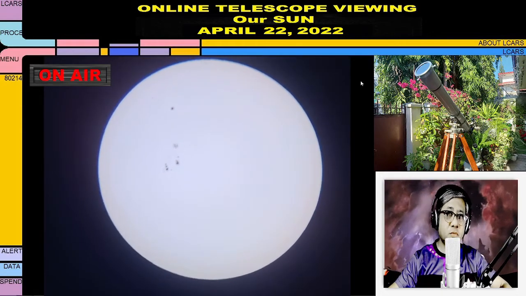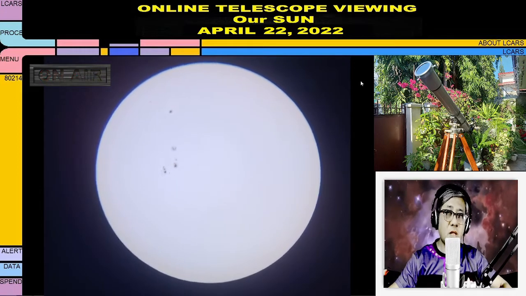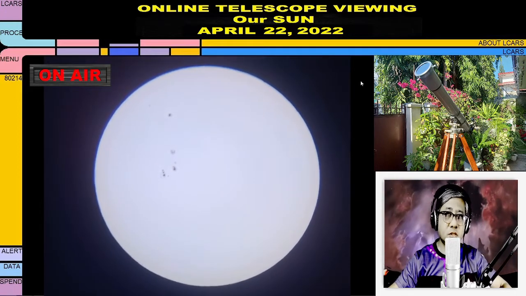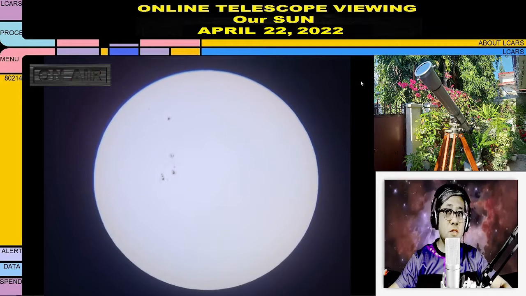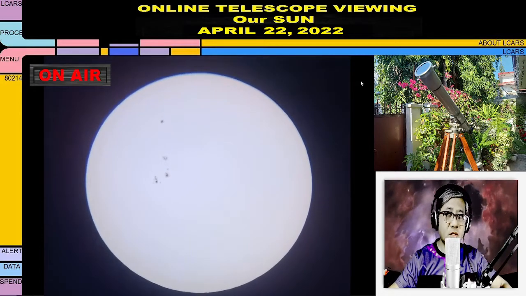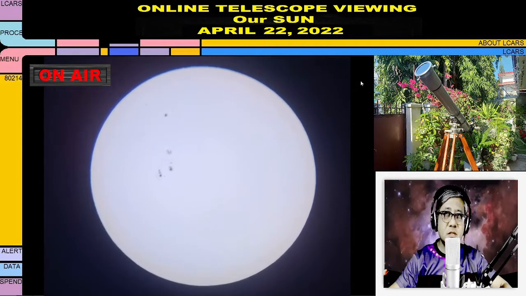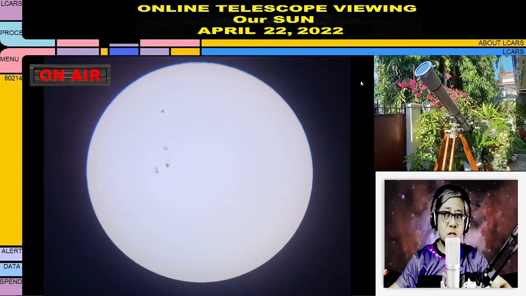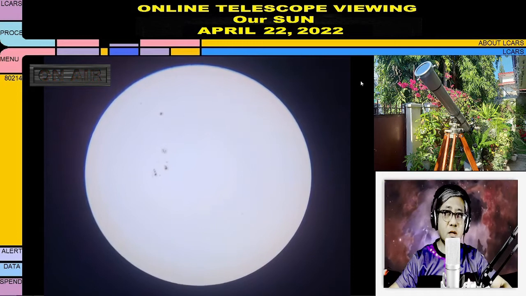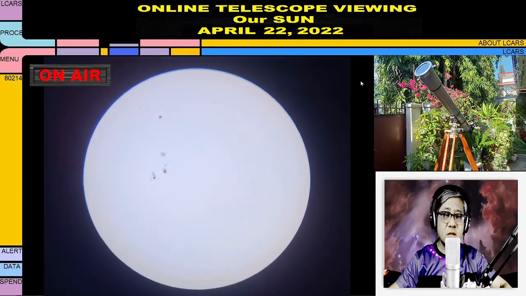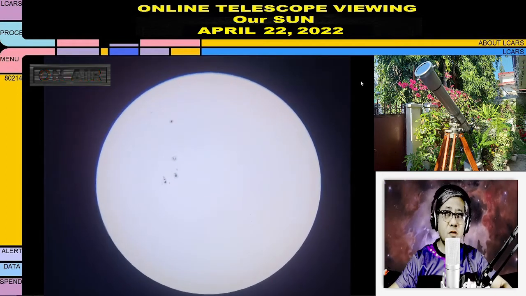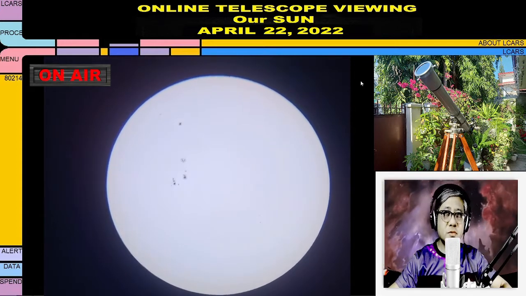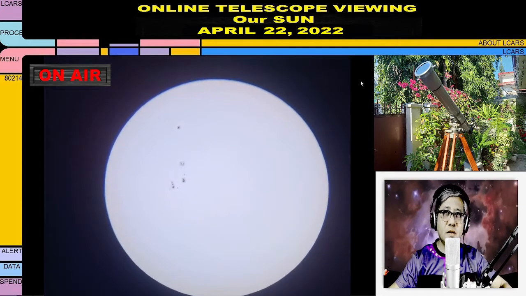Please do not observe the sun directly. Ang ginagamit ko po is a solar filter, so talagang protektado po ang aking mga mata as I study the sun. Babala po, ulitin ko po, do not observe the sun directly.